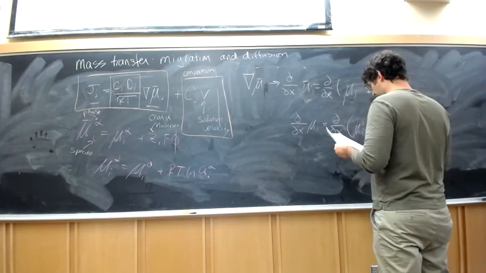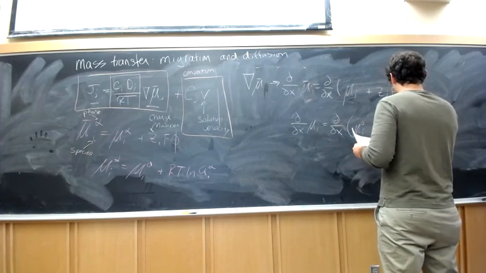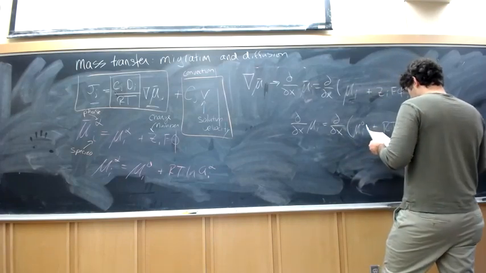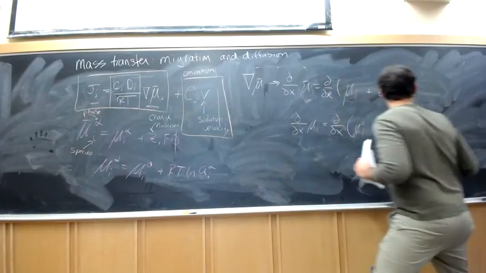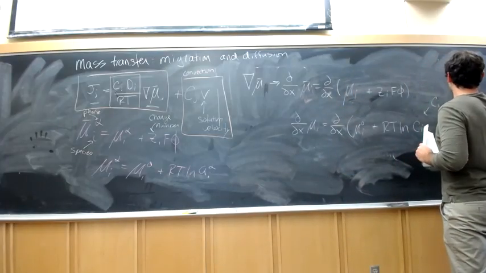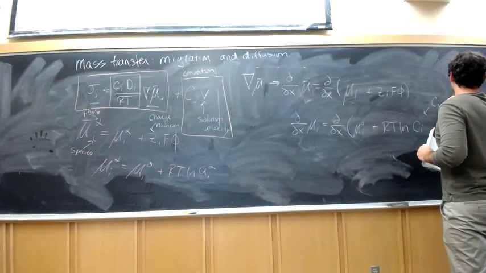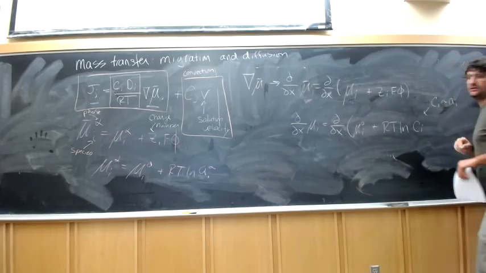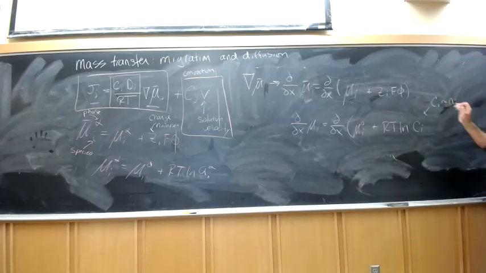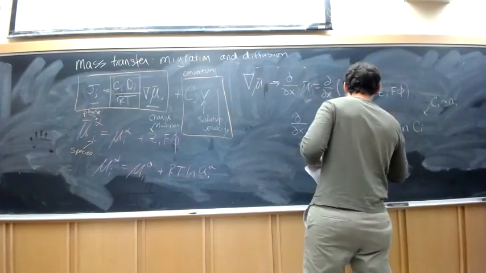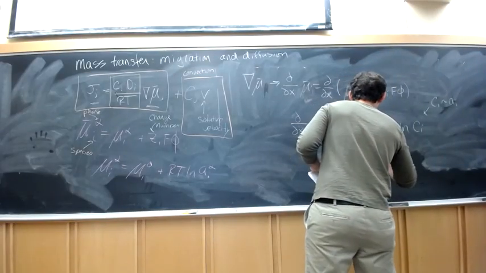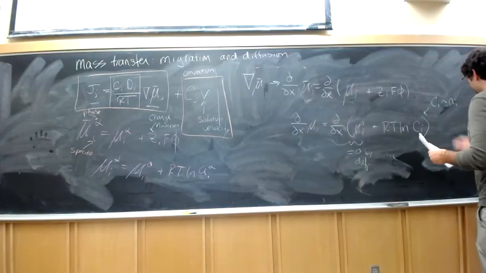Plus RT ln C_i. And for this expression, we're going to say C_i is approximately the activity of species i. So we're just kind of making that assumption to make things a little simpler. And this part equals 0 by definition.